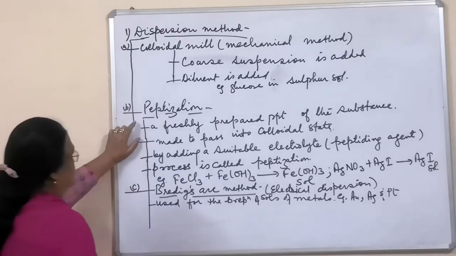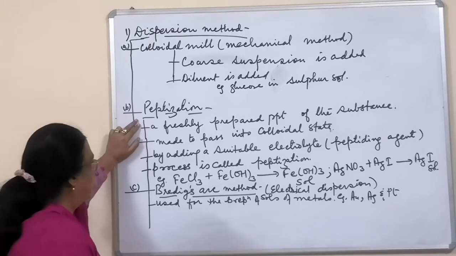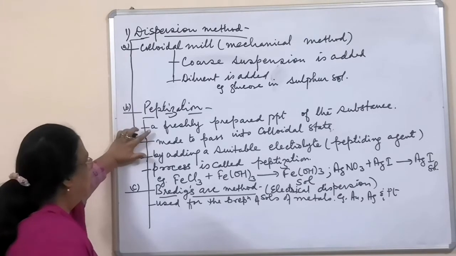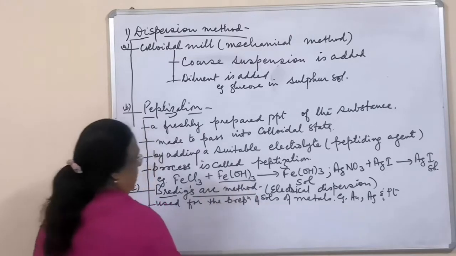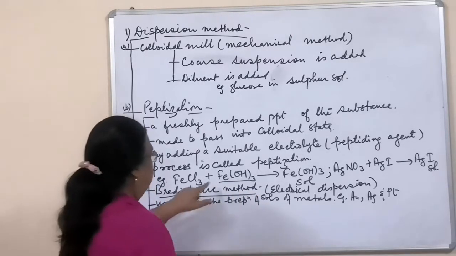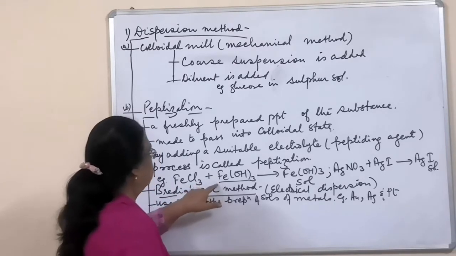Now peptization. In this, precipitation is caused, and so if you have to prepare a sol of ferric hydroxide, you will prepare a fresh precipitate of ferric hydroxide.